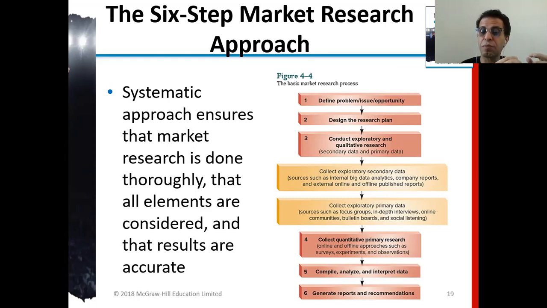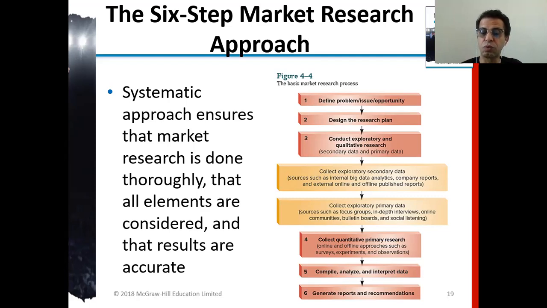And we also collect primary data, and these are resources such as a focus group, where we bring 10, 12 people and ask them questions in depth. We could do in-depth interviews, online communities, and these things. This way we conduct the exploratory and qualitative research.